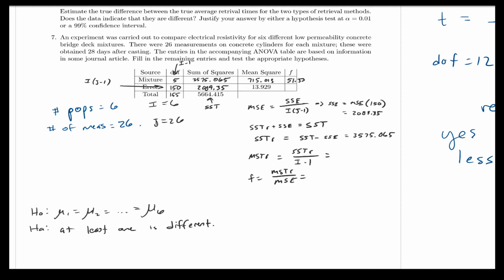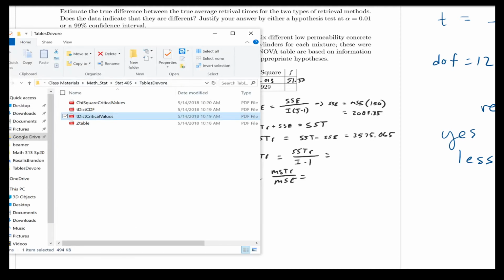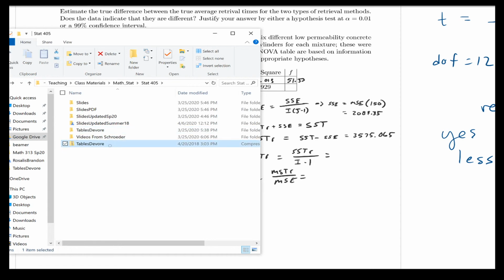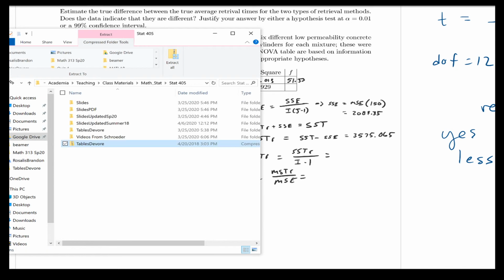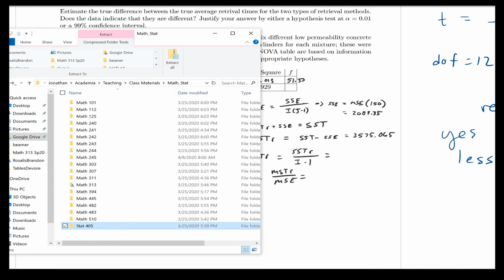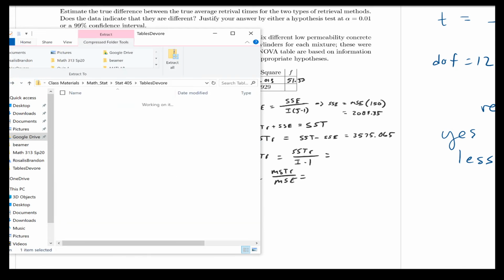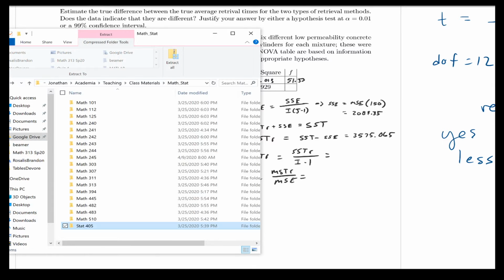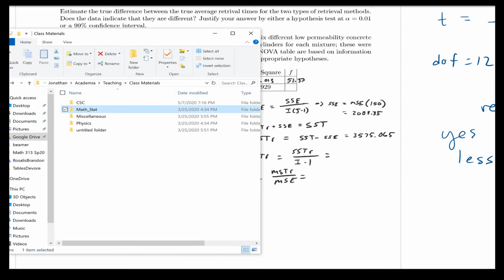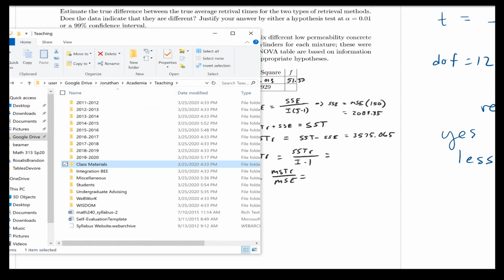And let's see if I can find the F table somewhere. That's weird. I know I've got one somewhere. Just gotta find it. Let's see. Go to an old final somewhere.